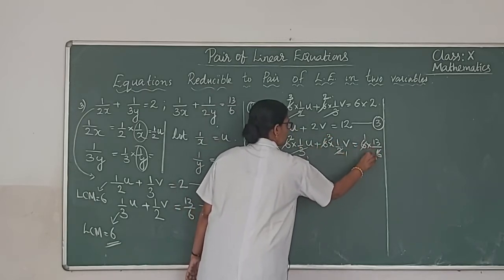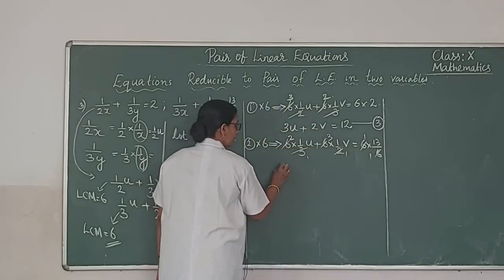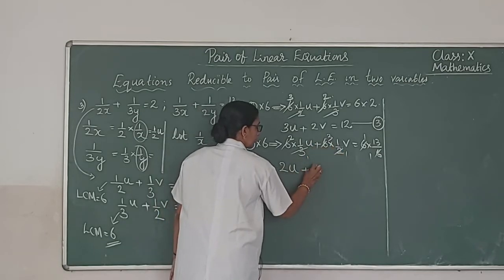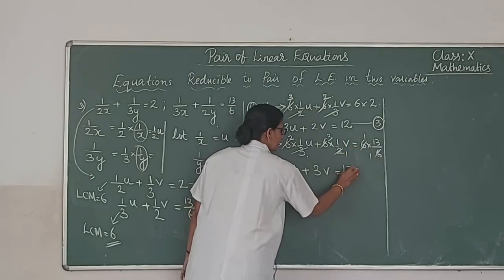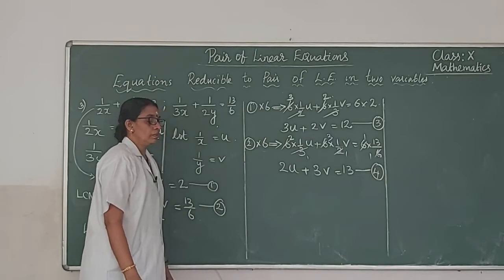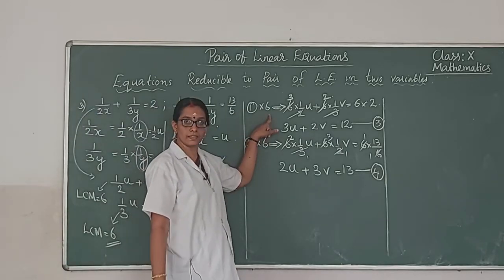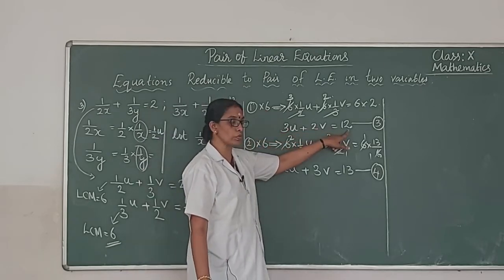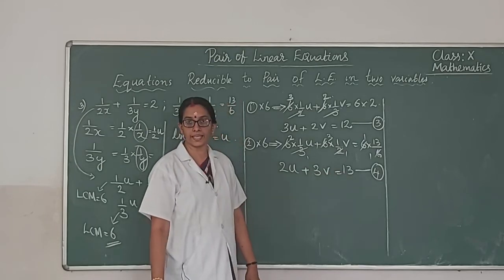Here also what are we getting? 2u plus 3v equal to 13, equation 4. So we got the two equations in simplified form: 3u plus 2v equal to 12 and 2u plus 3v equal to 13.